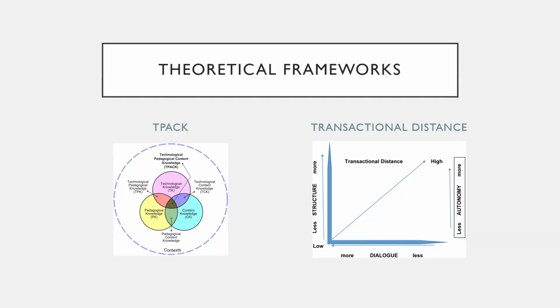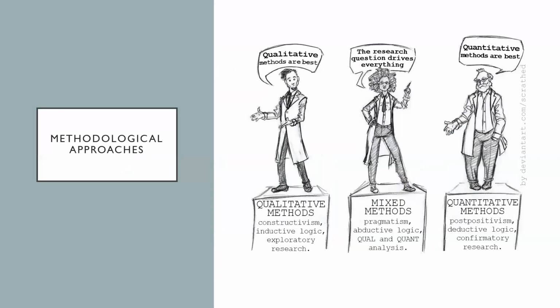So if you have a lot of dialogue but no structure, or no dialogue and a lot of structure, I like to think of transactional distance as the psychological distance that students feel from their learning environment or from their teacher in the online space. So I'm going to hand this over to Scott to walk us through how you might conceptualize some study designs for this kind of research.